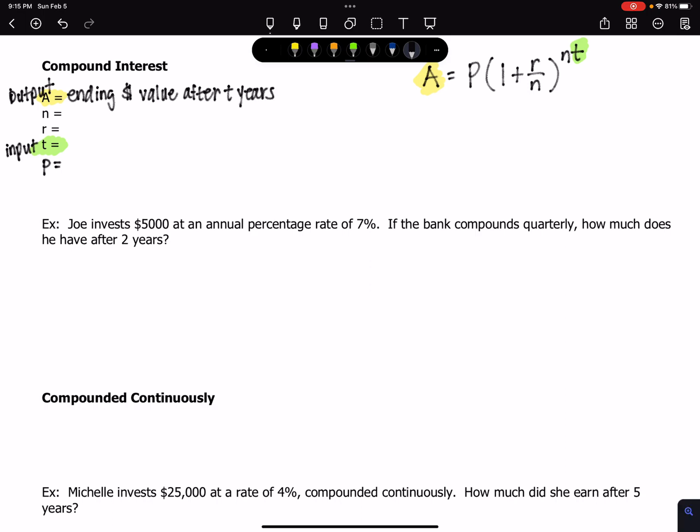And t is the number of years the balance earns interest.